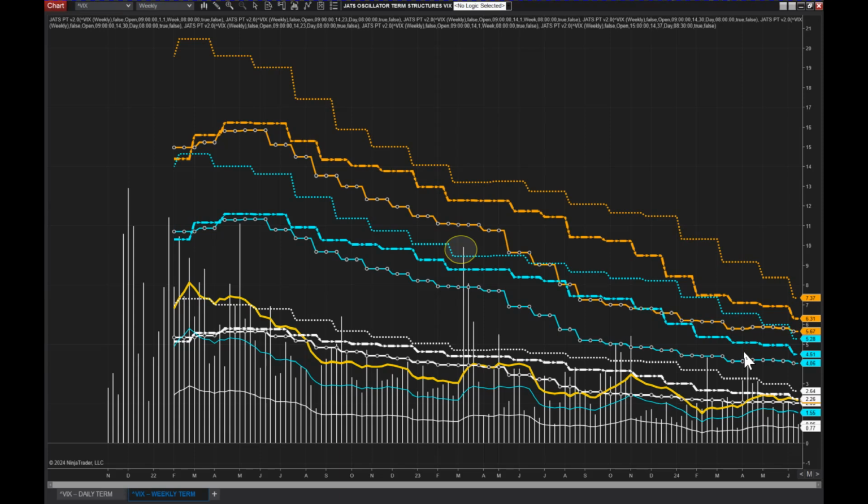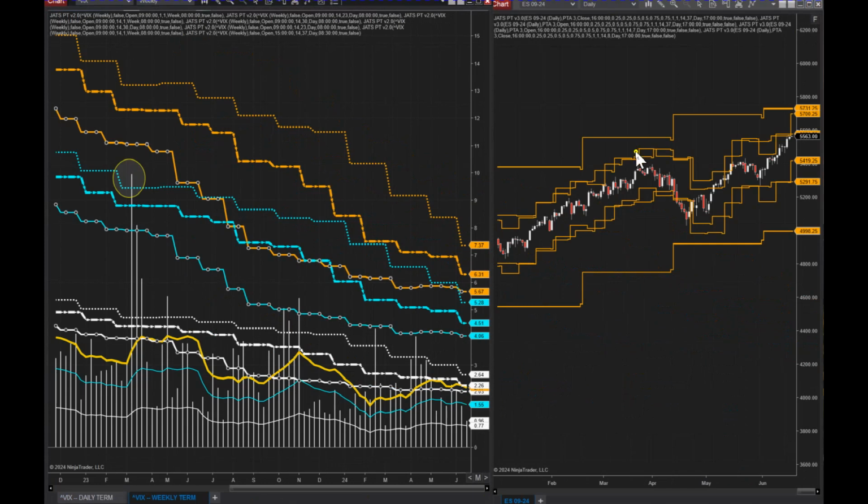So with this little bit of knowledge here about ranges and where you are on your daily term and now your weekly term, we can come into the market and do our day trading and try to figure out, is it a good place to take your profits as futures traders, or maybe reverse, right?